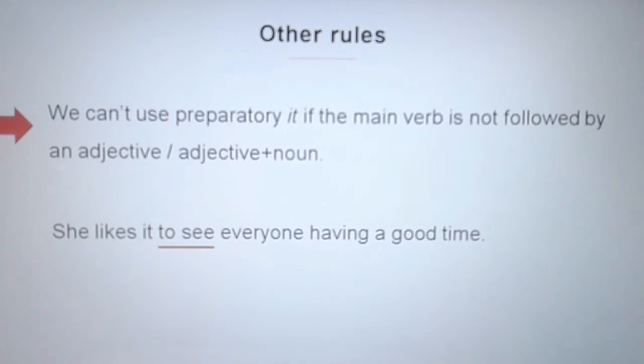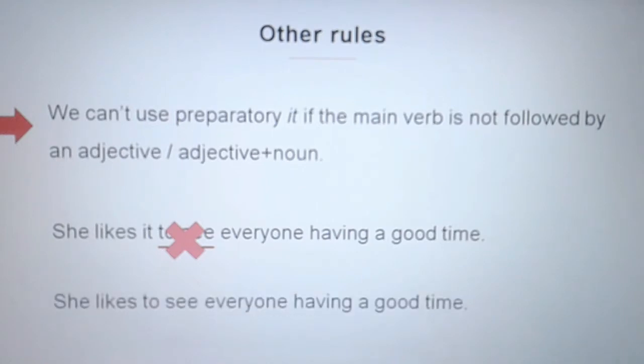It's followed by infinitive. So, this isn't allowed. That's why we need to change this sentence like this. She likes to see everyone having a good time. So, if you don't see any adjective or adjective plus noun, you don't need to use preparatory it.